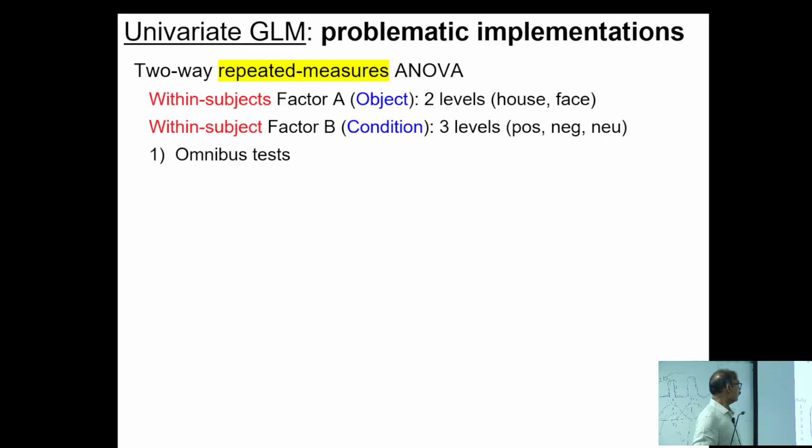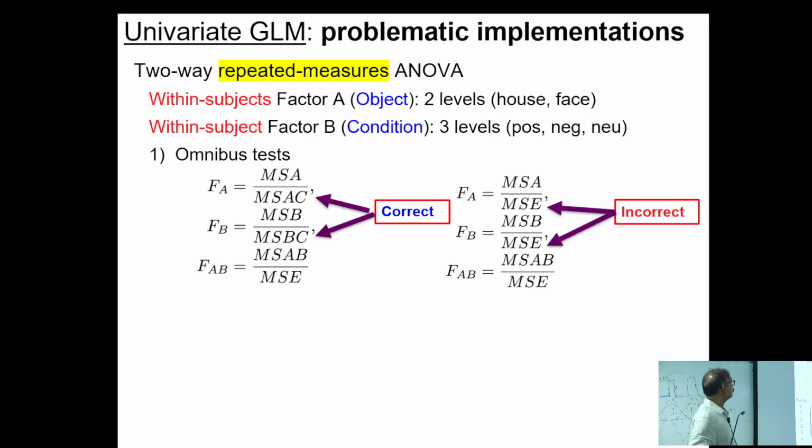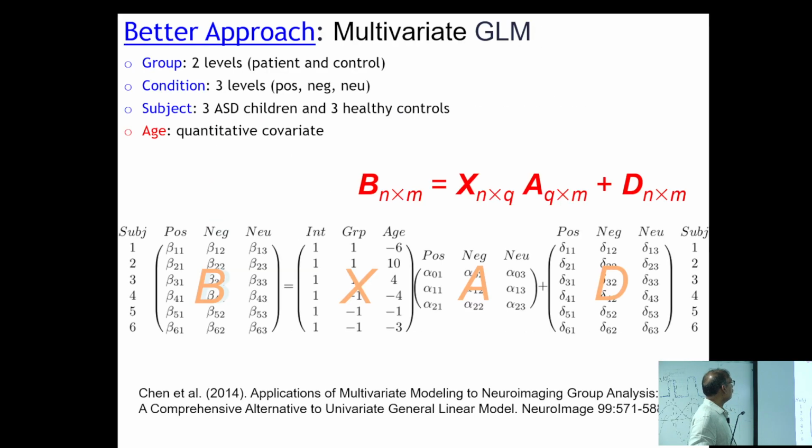So in this case, a better approach would be to use a multivariate GLM. And in this case, you have two levels, three conditions, and age is a quantitative covariate, right?